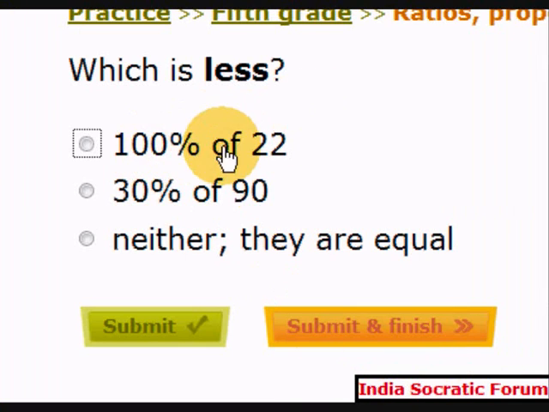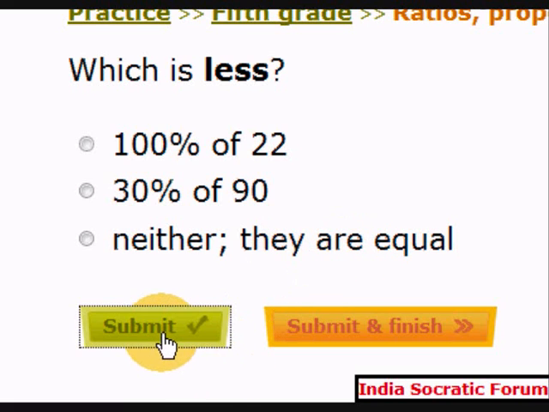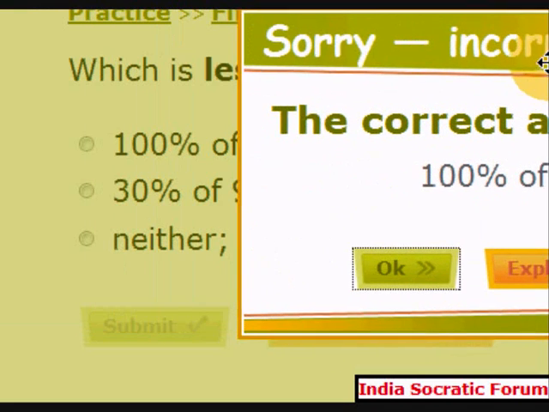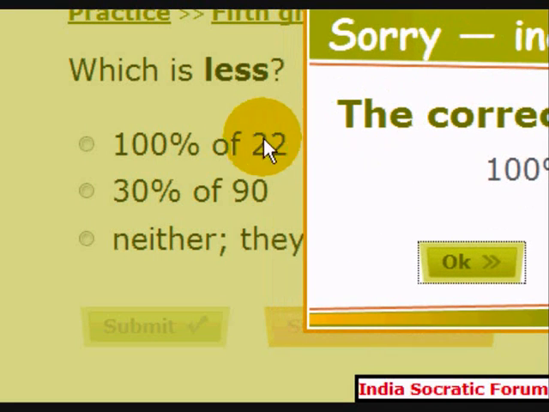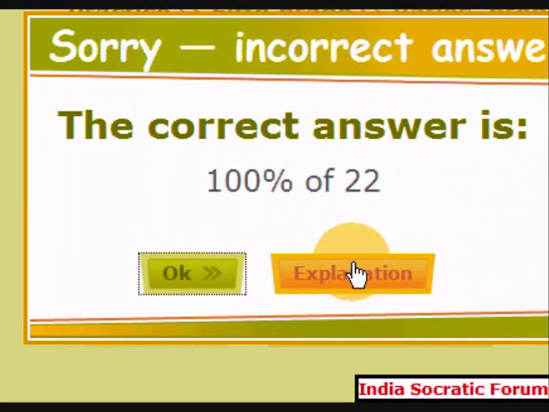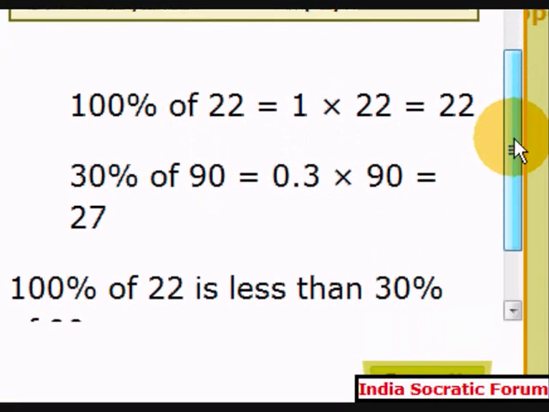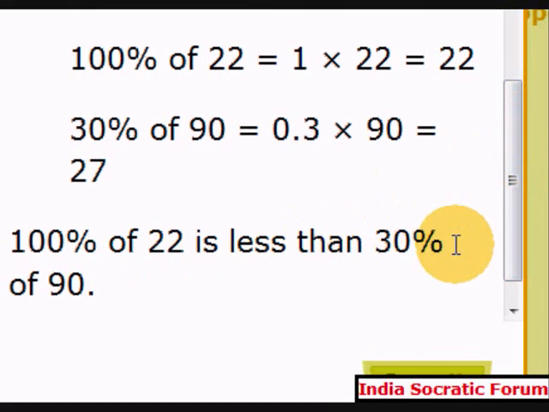Which is less, 100% of 22 or 30% of 90, or neither? Pause the video, and the answer is 100% of 22. Look at the answer. 100% of 22 is less than 30% of 90.